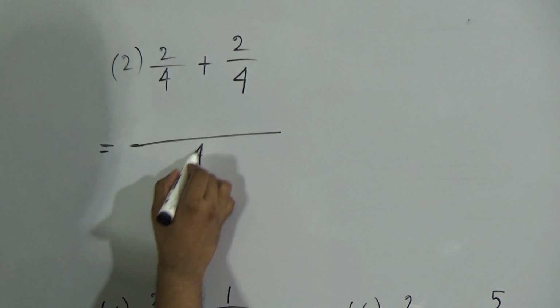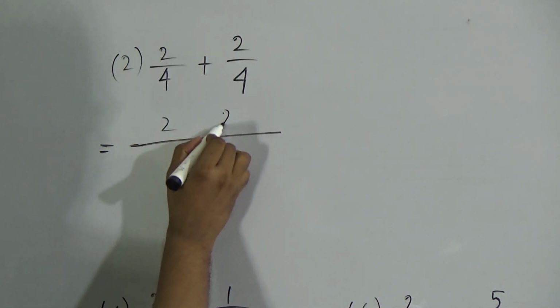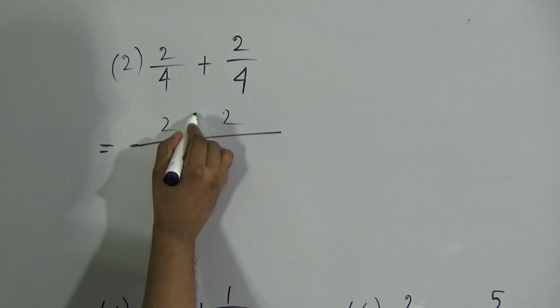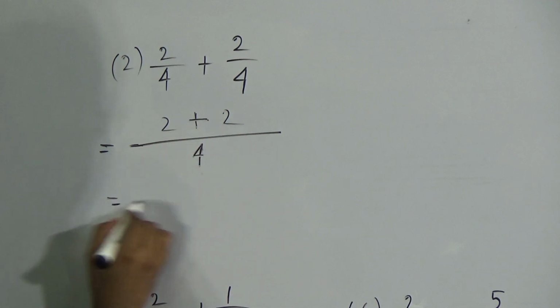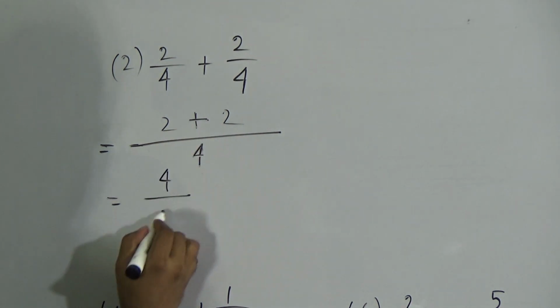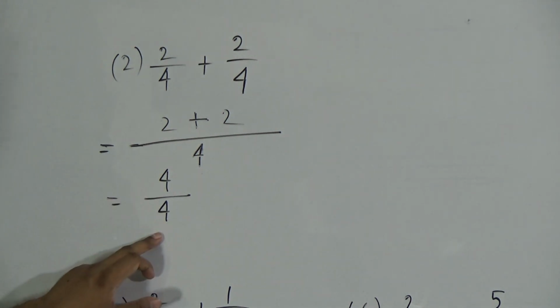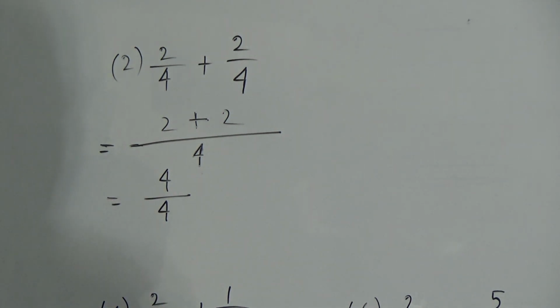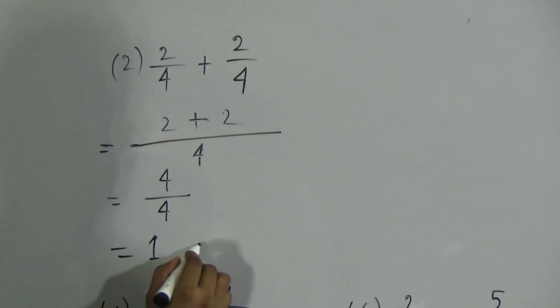Now we will write these two numerators, 2 and 2, and we will give an addition sign between these two numerators. Now 2 plus 2 means 4. This is equal to 4 by 4. Here numerator 4 and denominator also 4. So instead of 4 by 4 we can write 1. So the answer will be 1.